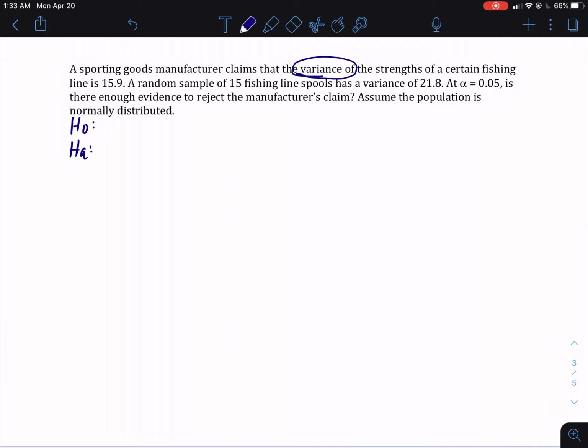So here we're looking at variance. So that means we're looking at sigma squared. And it says that the variance is 15.9. So that's going to be our null hypothesis, which means not equal to 15.9 is our alternative, which tells us off the bat we're going to be two-tailed.